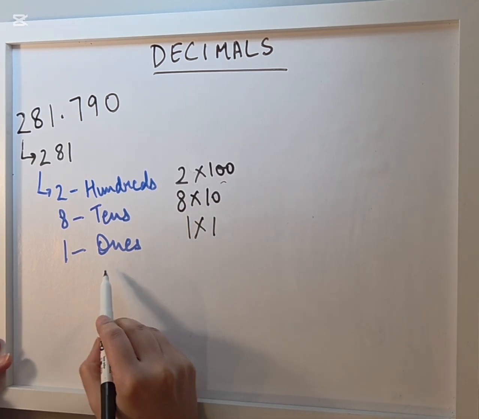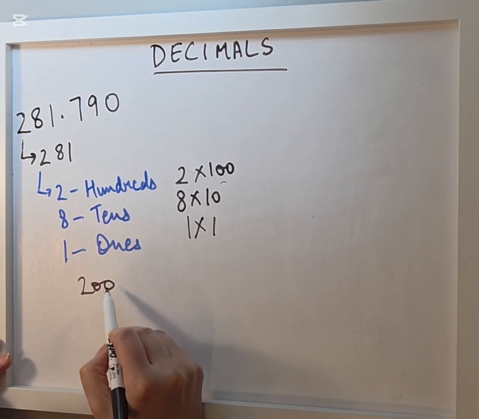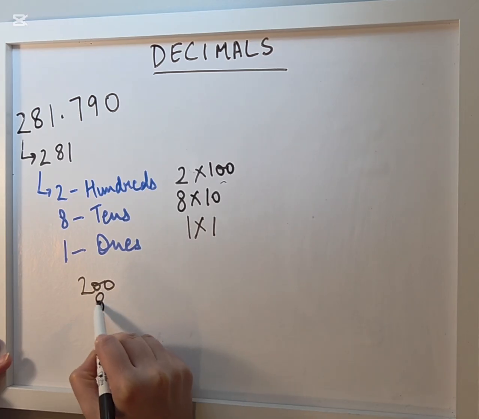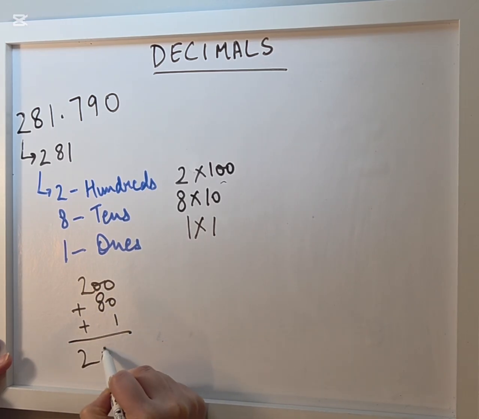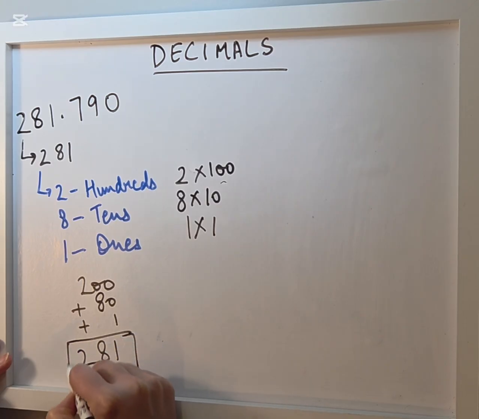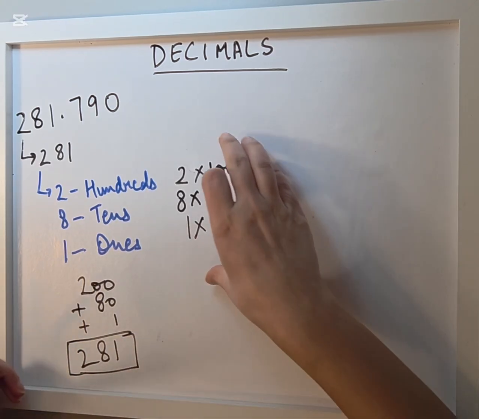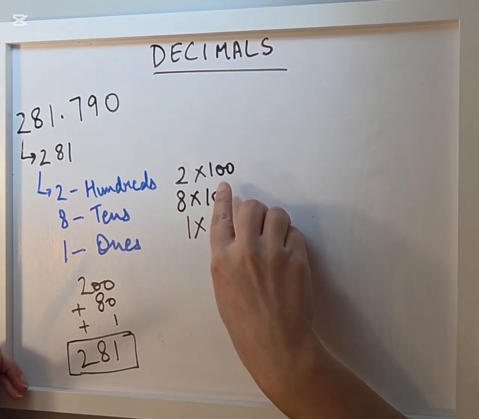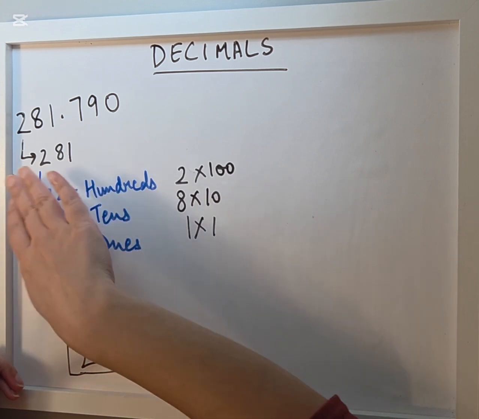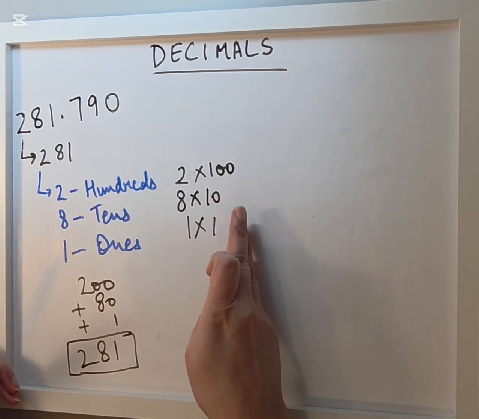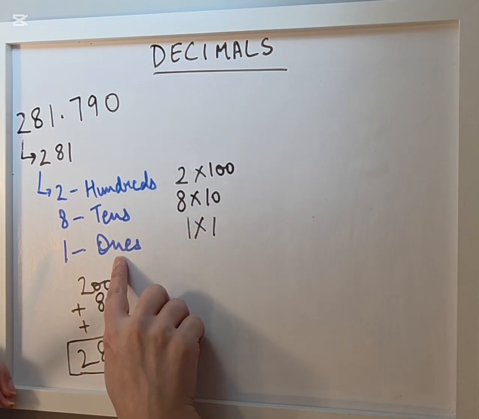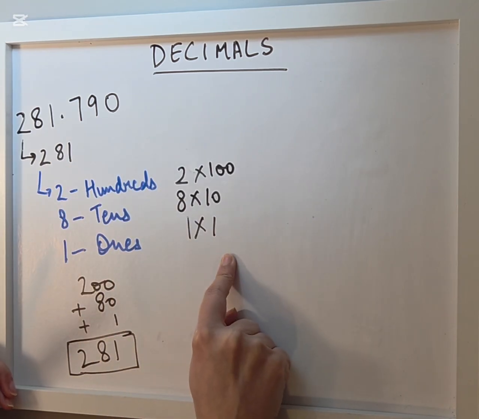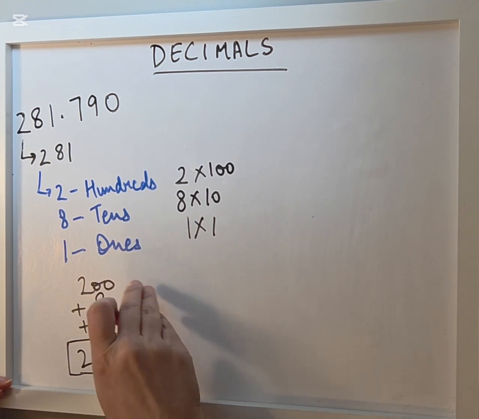So we get 200 plus 80 plus 1, which is 281. This represents that 2 is in the hundreds position, so we have 200, 8 is in the tens position, and 1 is in the ones position. So hundreds, tens, and ones.